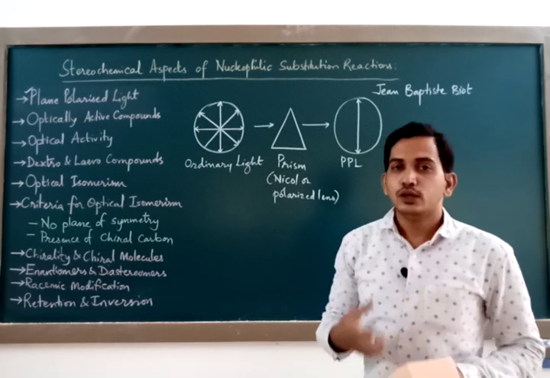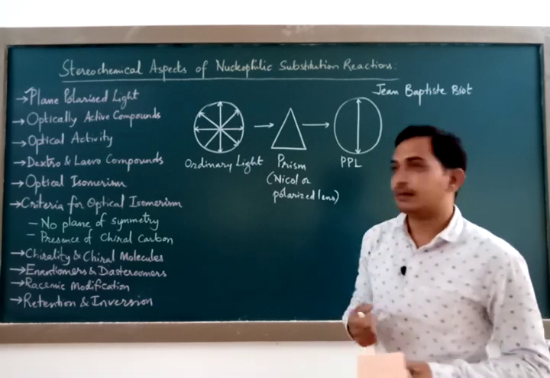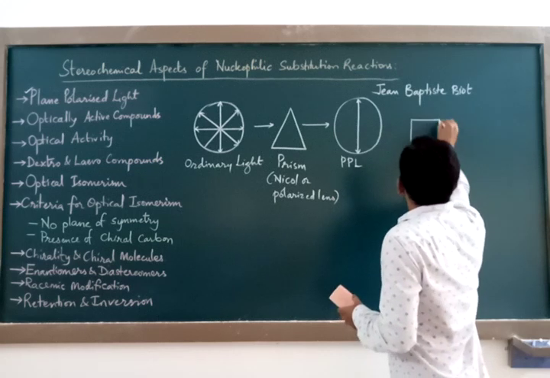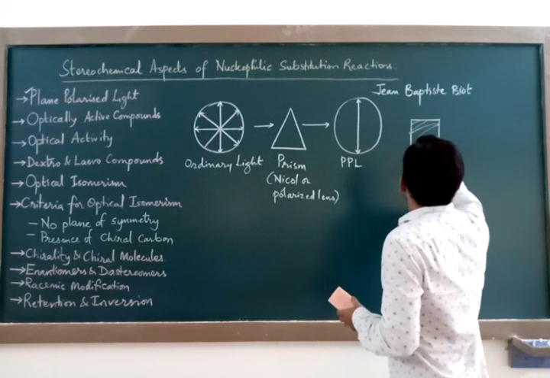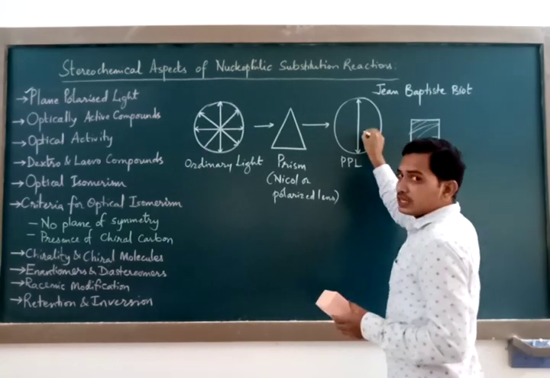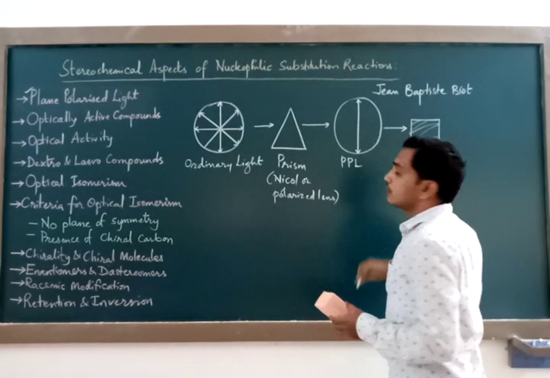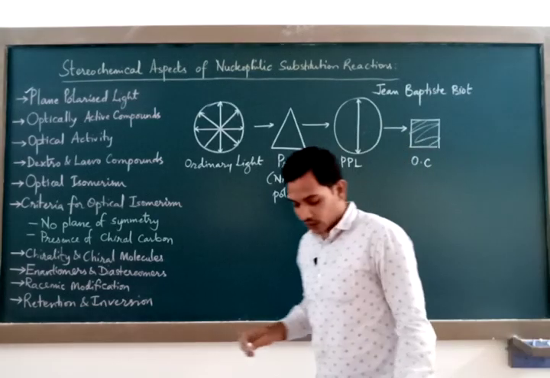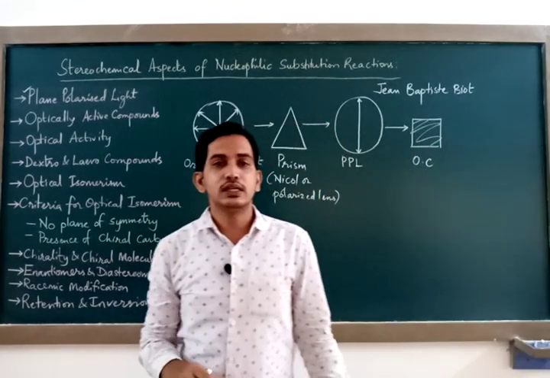How is this done? You take a solution of any organic compound, and pass this plane polarized light through the organic compound solution. Now two observations can be seen.